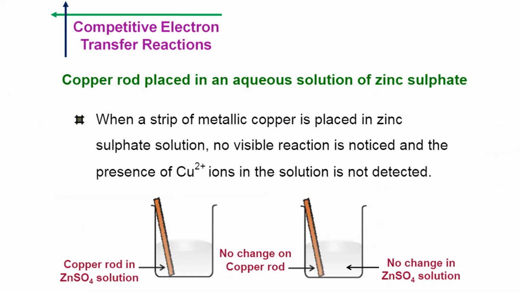As per the displacement reaction or the reactivity series, we see that copper does not have any capability to displace zinc, because zinc is more reactive than copper. So obviously this reaction is not going to take place. There will be no change. Basically, copper plus zinc sulfate reaction will not take place at all.